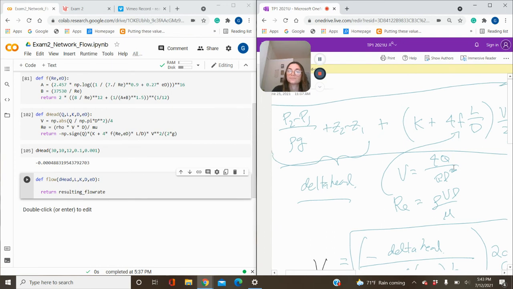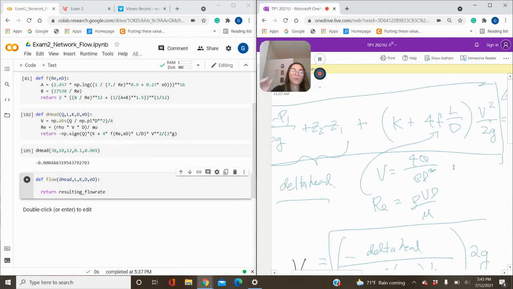And so we have to think about what initial guess for our flow rate will bring the equation to a steady state, which is 0. And so one way we can do that is our Newton function.